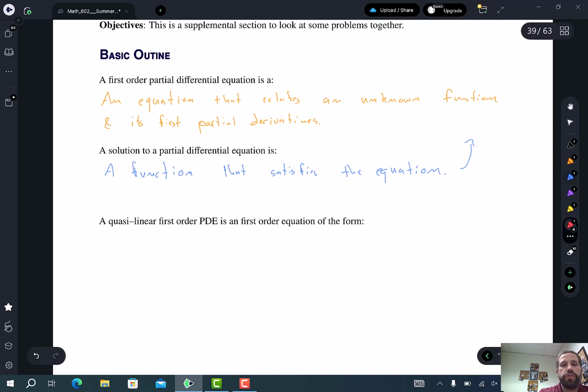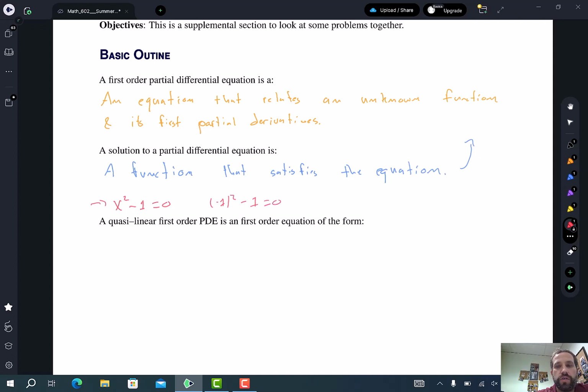So similar to, what does it mean for x to be a solution to x squared minus 1 equals 0? It means that if a number is a solution to this equation, when you take the number and plug it into x, the equation is true. So for example, minus 1 squared minus 1 is equal to 0, so minus 1 is a solution.